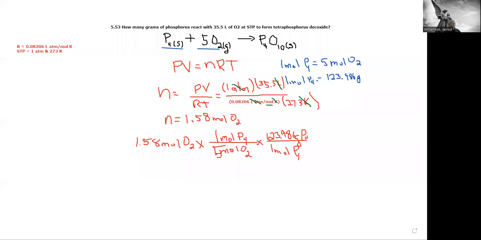Okay, check my units. Moles of O2 cancel with moles of O2. Moles of P4 cancel with moles of P4.